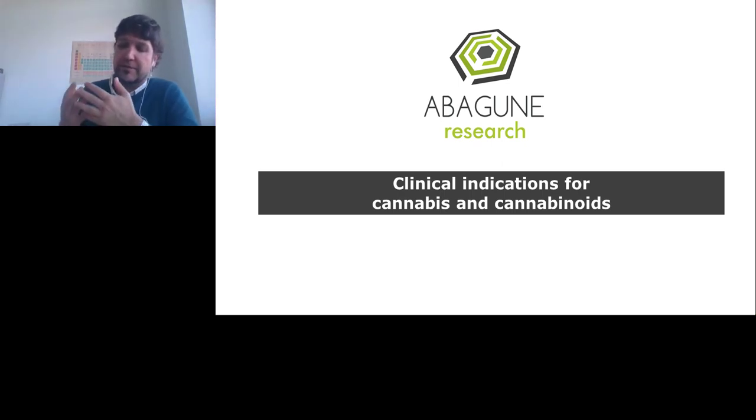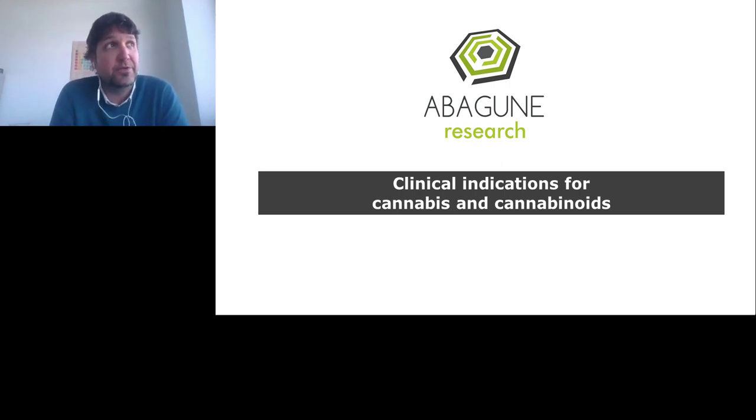So there's a lot of pharmaceutical promise in cannabis and cannabinoids, and I say cannabis because we have high THC strains, low THC strains, high CBD strains. So the composition of cannabis is never homogeneous, it's actually heterogeneous.